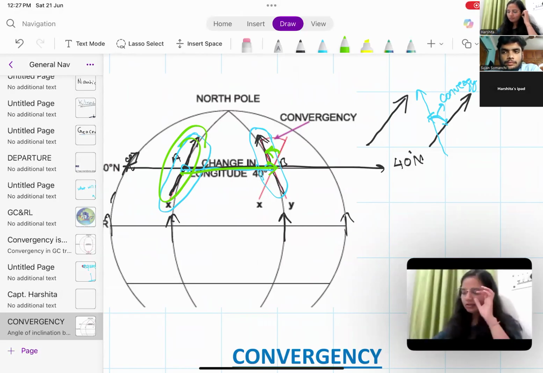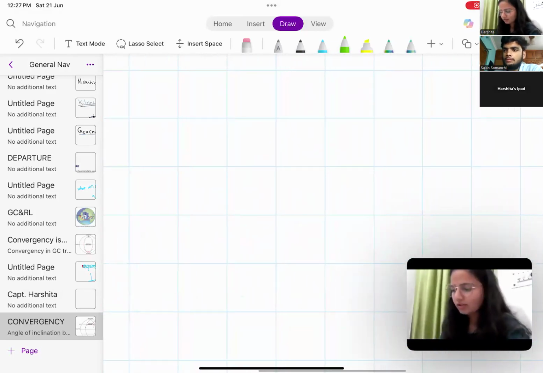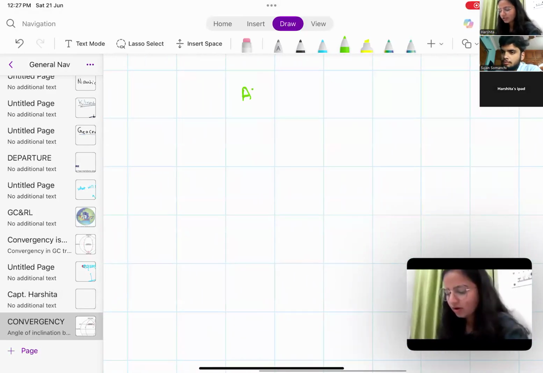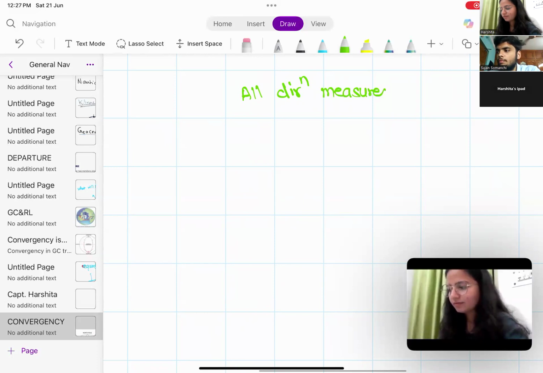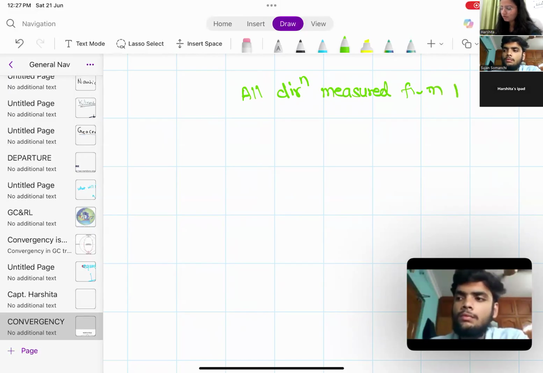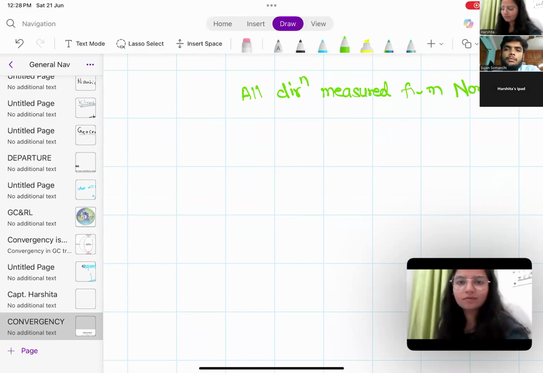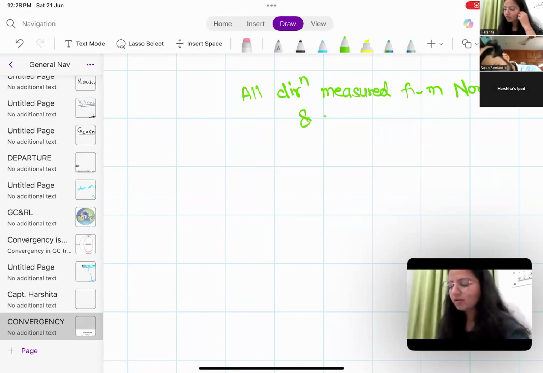Okay. Now in aviation, all directions are measured from north and in clockwise direction.